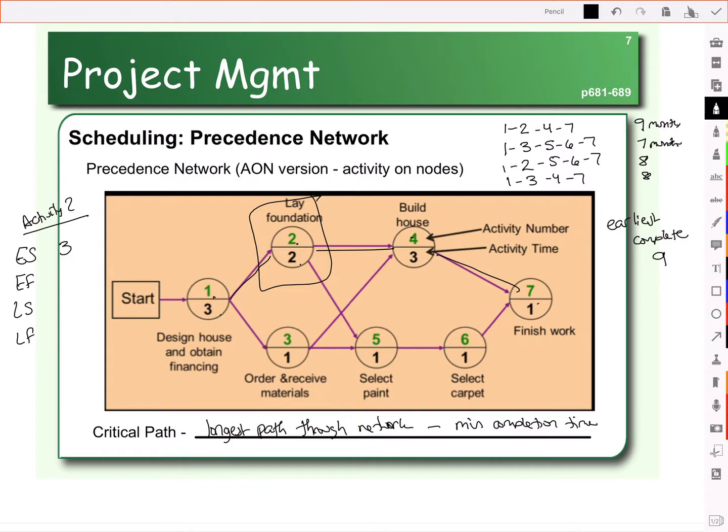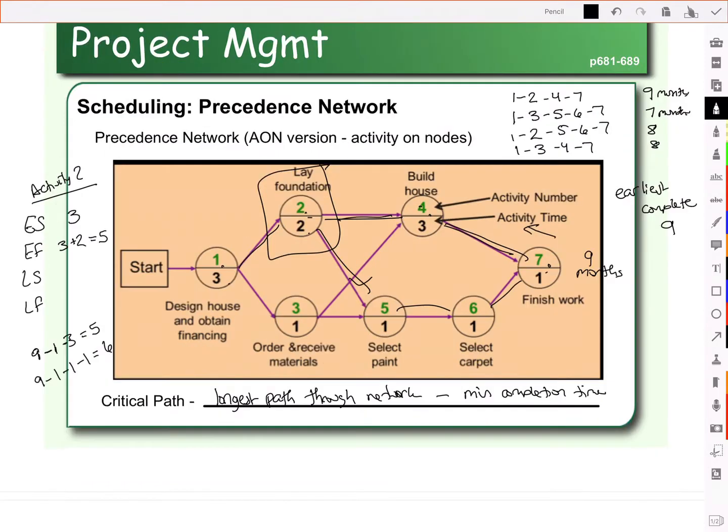Now, when's the earliest we can finish activity 2? Well, if the earliest we can start is at month 3, and it takes 2 months to do activity 2, then the earliest we can be done is 5 months into the project. So now we need to figure out the latest we can start activity 2 and the latest we can finish activity 2.